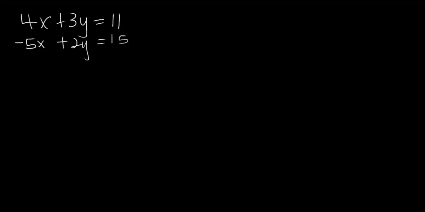but I'm going to multiply the top one. Let's see what would happen if we multiplied it by 5. We would get 20x, and since I'm wanting to cancel the x's, I'm just going to stop there for right now.